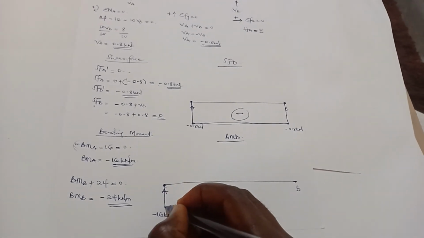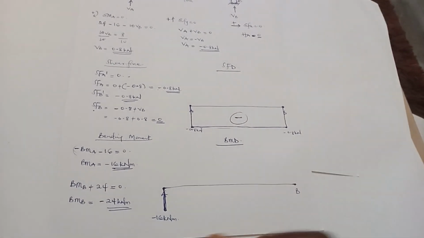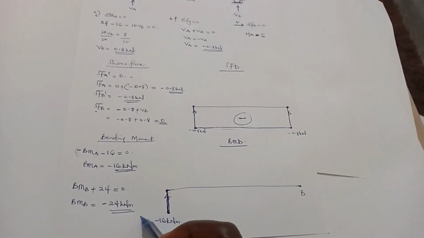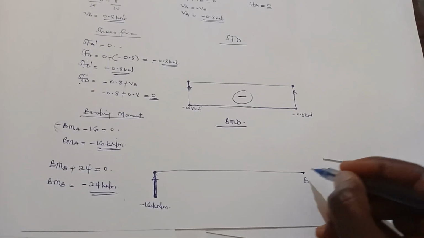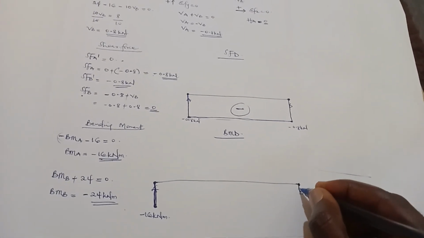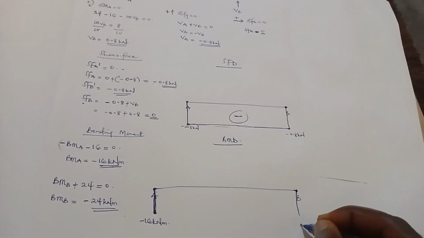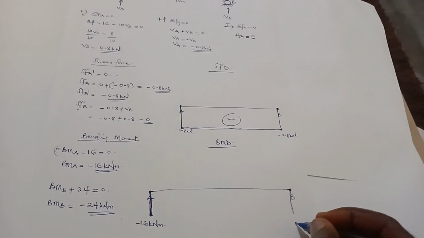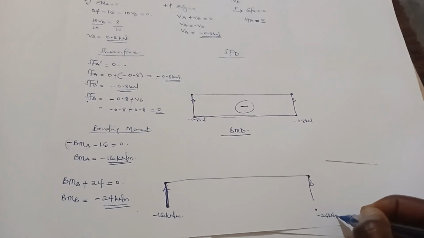The bending moment at B is negative 24. So B will stand here, then you move to negative 24. So negative 24 will be here, negative 24 kilonewton meter.